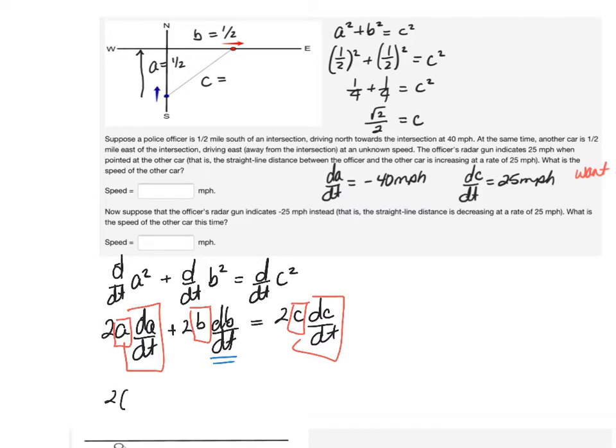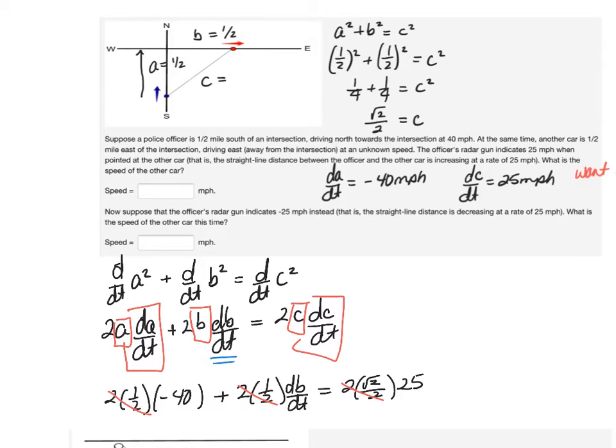So I have 2 times 1/2 and minus the 40 miles per hour because it is getting closer to the origin, so the distance is decreasing, plus 2 times 1/2 dB dt is equal to 2 times square root of 2 over 2 and then 25. So go ahead and multiply through. The 2's cancel there and here and here.